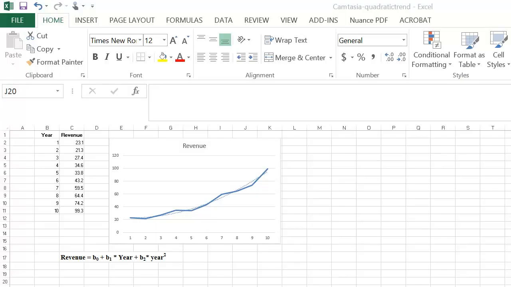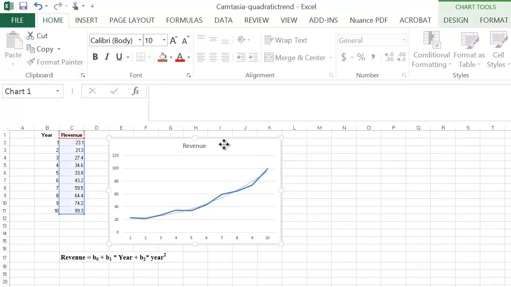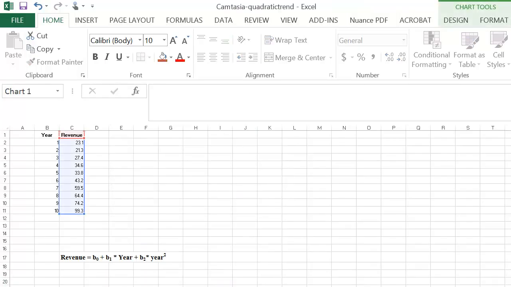In this example we're looking at the simplest nonlinear trend equation that you could be estimating, which is a quadratic trend. So let's see how one would go about determining a quadratic trend for forecasting purposes, assuming of course that the quadratic is the appropriate way to go. So let me move this picture in the chart down a little bit.